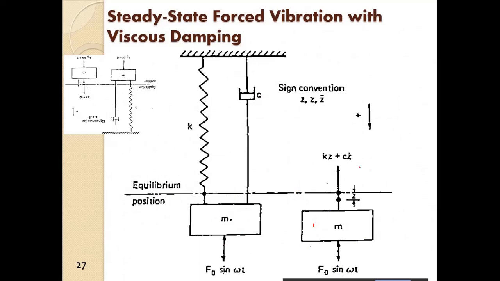We have this spring force, and we have this damping force, and we have the applied force which is F naught sine omega t, the applied vibrating force, and we have the mass. So we have m into a, the acceleration of the mass.